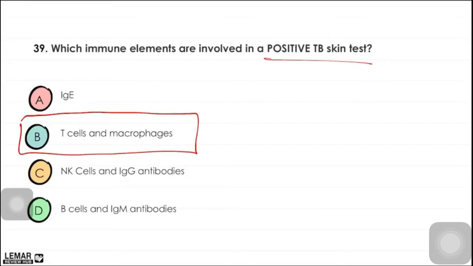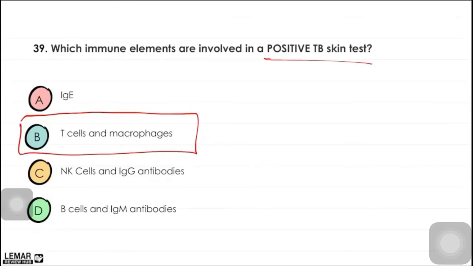So, IgE. What is IgE? IgE, remember, is associated with type 1 hypersensitivity reaction. That hypersensitivity reaction can range from the life-threatening anaphylactic reaction to milder manifestation associated with certain food allergies.